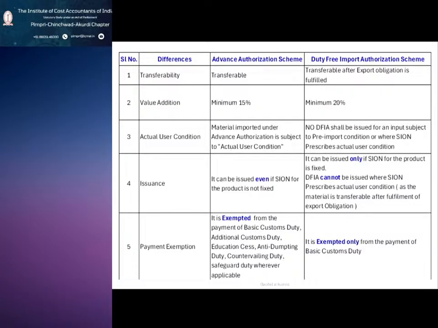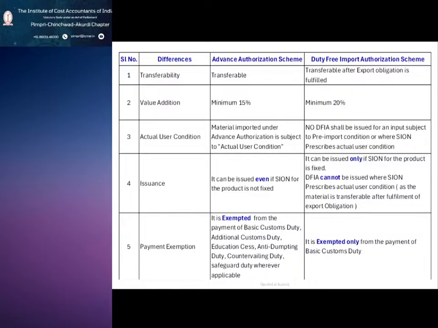Once we look into it in detail, we can see the second point, but the easiest one, please focus on that. It can be issued even if SION is not fixed, but here it can be issued only if SION is fixed.